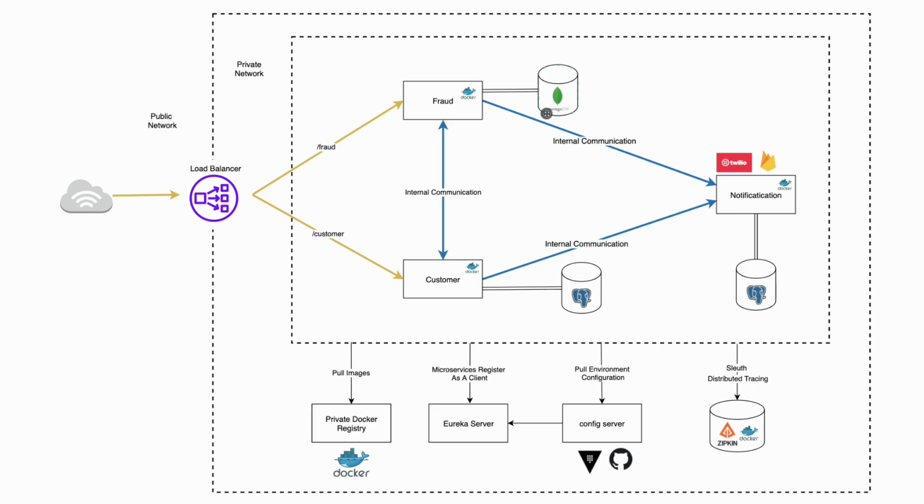So far, we have this implementation in here where we have the load balancer, customer, fraud, and also notification. Now, in here, we have got no asynchronous communication within these microservices. So fraud, nor customer to notification.